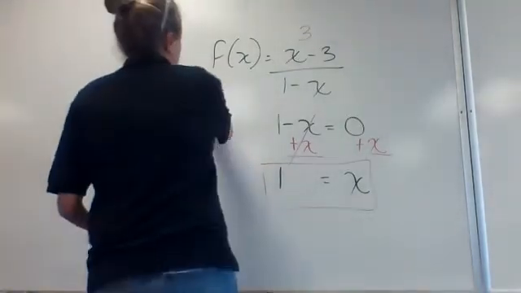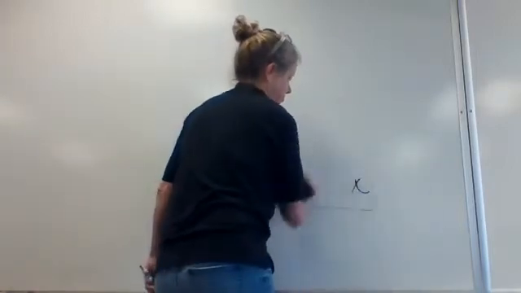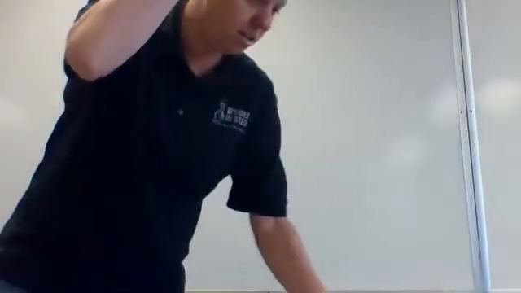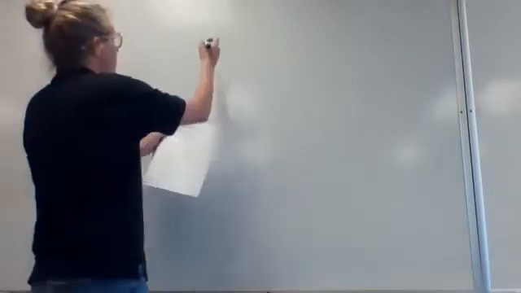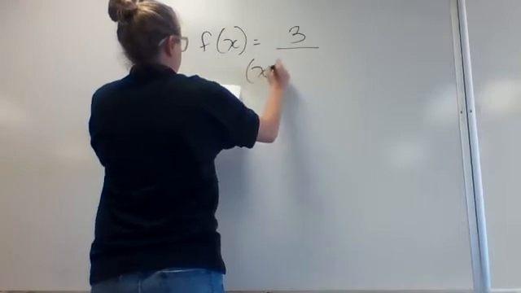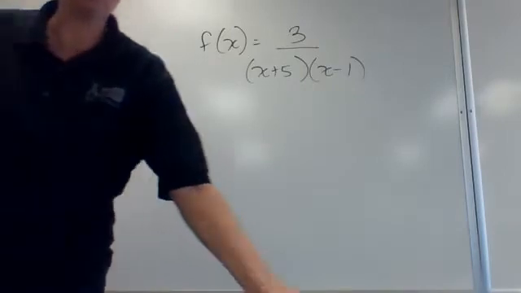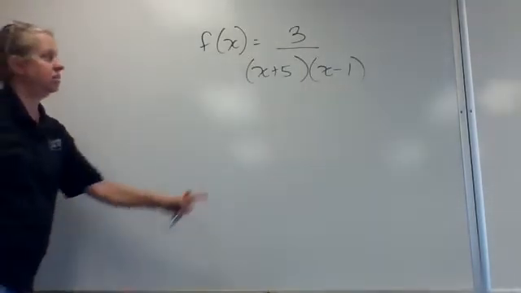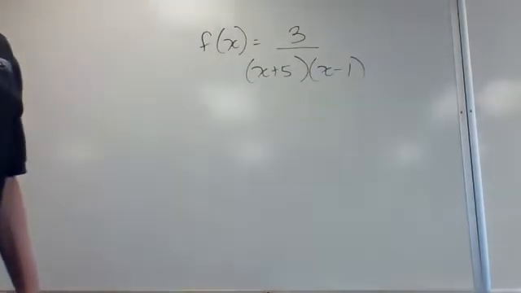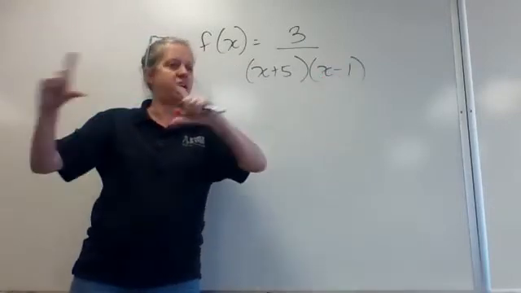8, 9, and 10 are all doing the same thing, finding vertical asymptotes. Okay, on number 8, do I need to worry about any zeros in the numerator? No, because there's not an x. So I don't need to even worry about that. I need to find the zeros of the denominator. This one has already done the factoring for me.